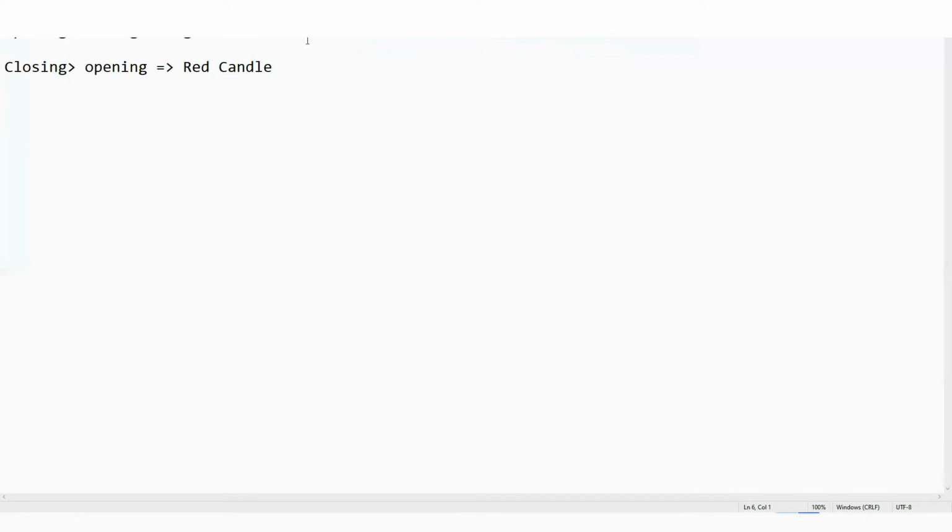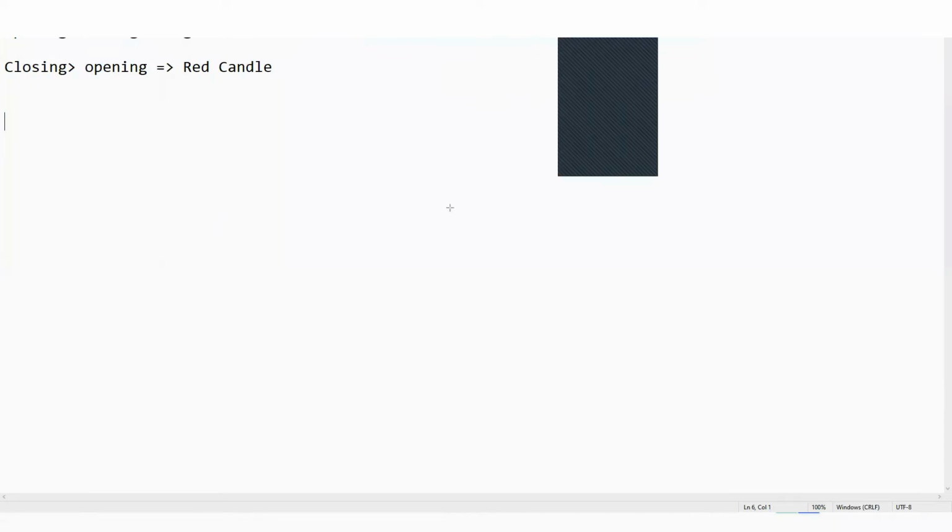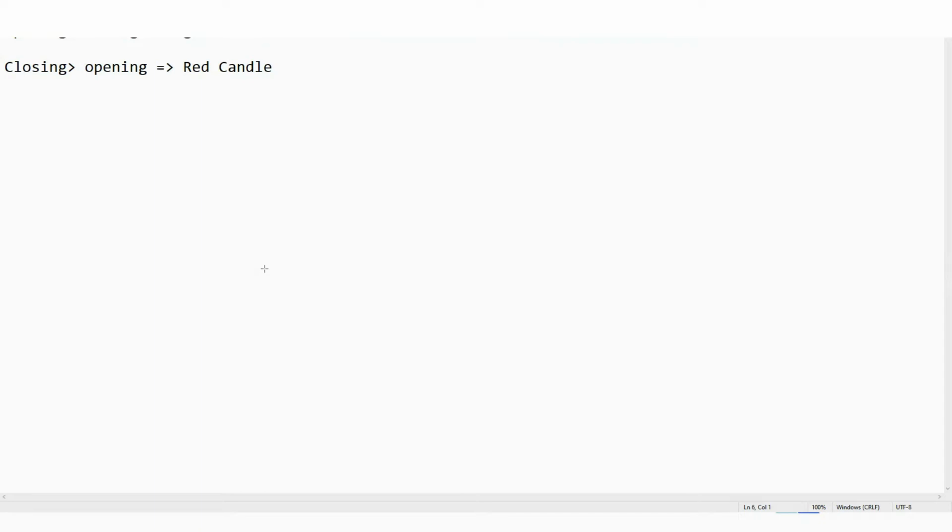But how is this candle actually made? Basically, I'm drawing this picture so that you are able to identify this. First of all, suppose this is the opening, but it started to move down like a red candle.